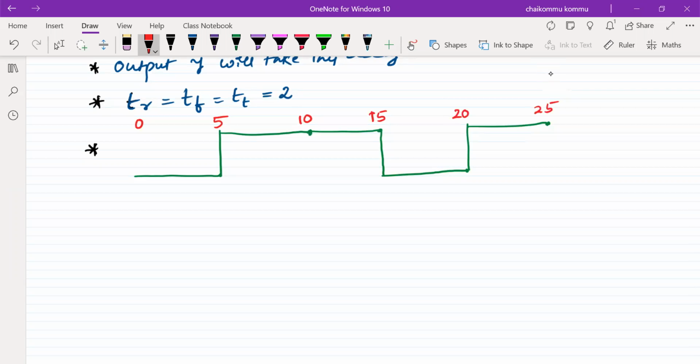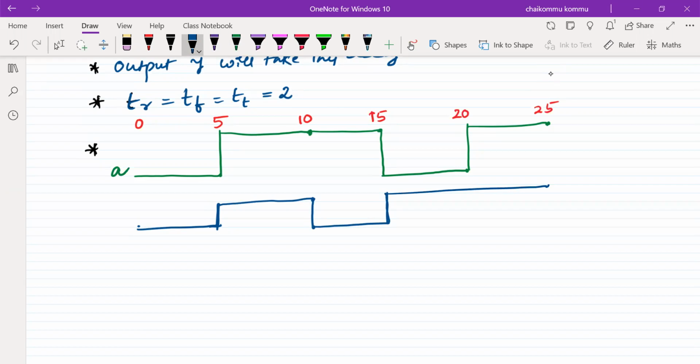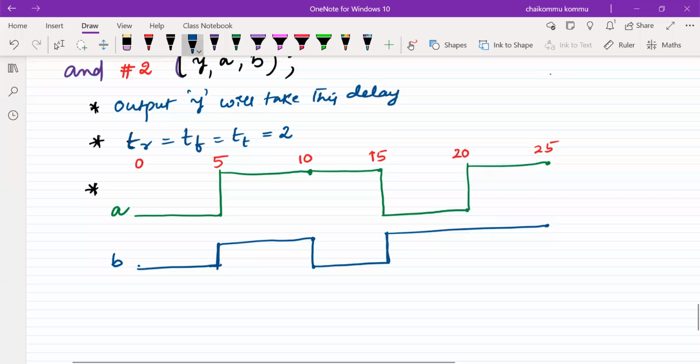Now let us consider this is signal A. Signal B is something like this. A and B I have given.